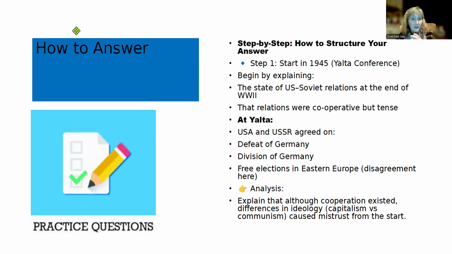At Yalta, the USA and the USSR agreed on the defeat of Germany, what was going to happen after Germany was defeated, the division of Germany, free elections in Eastern Europe. There was disagreement. Stalin did not want that. And then analysis. Explain that although cooperation existed, differences in ideology, capitalism versus communism, caused mistrust from the start. We also had a couple of the world leaders that didn't get along too well.